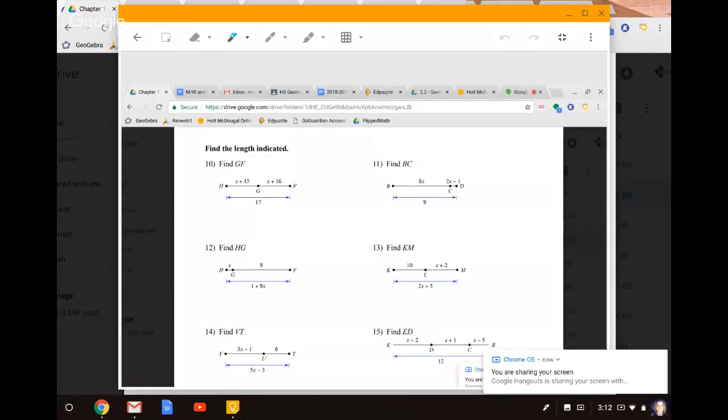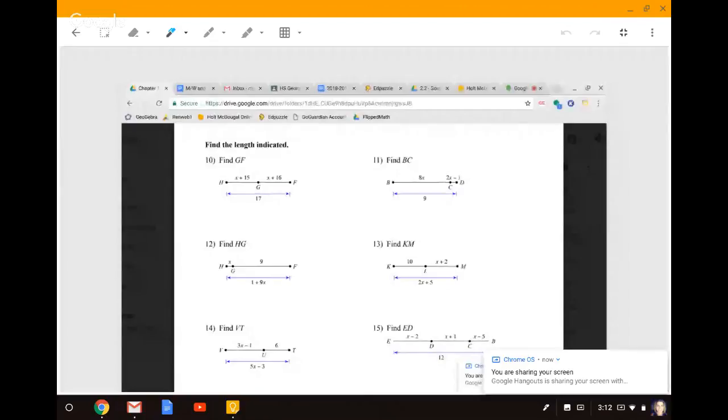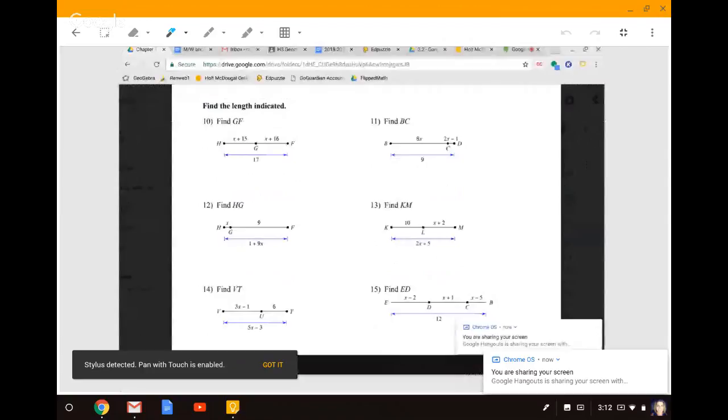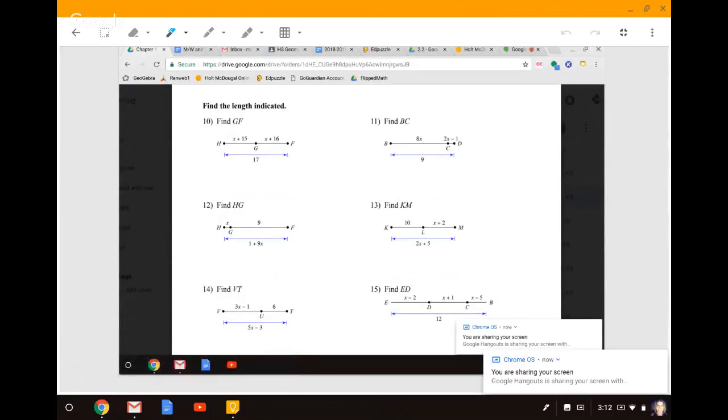Okay, can you see the page now? Yes. Okay. So if we look at number 10, we know the whole length of this is 17.